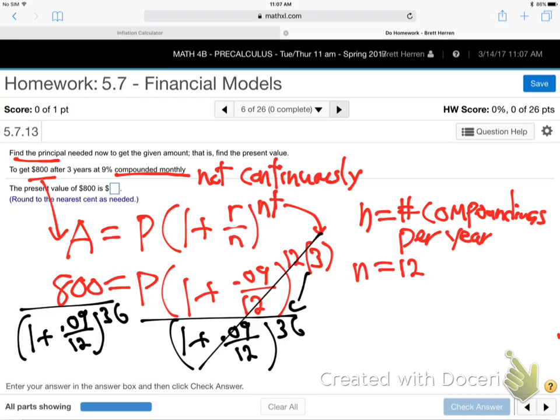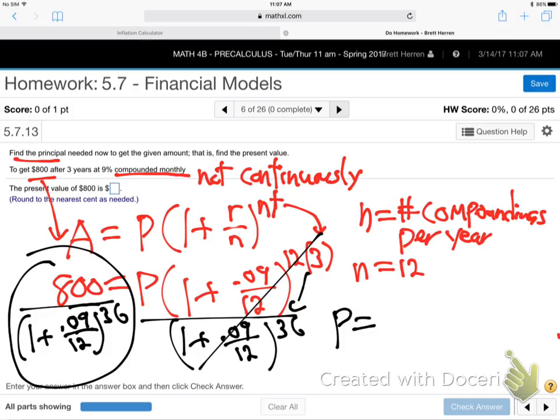You just divide both sides by that whole entire parenthesis chunk. Right, so then here's our calculation. The principal, the answer should be something lower than 8,000 that will grow to become 8,000 after 3 years. So we're looking for a lower answer, 6,000, 7,000, something in that neighborhood maybe.